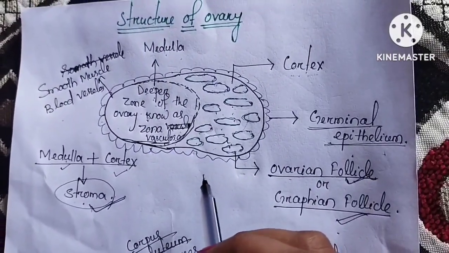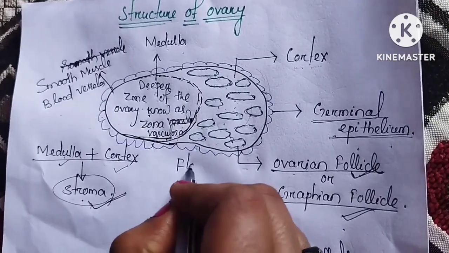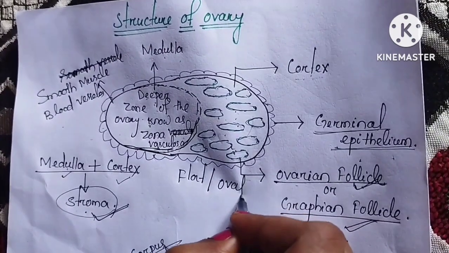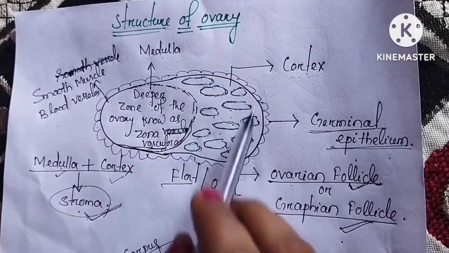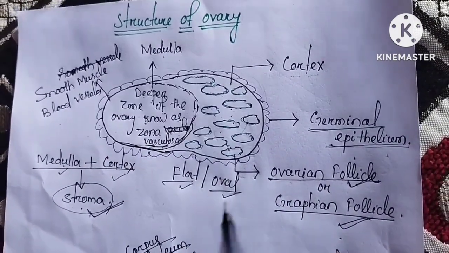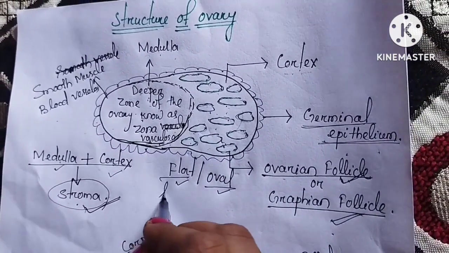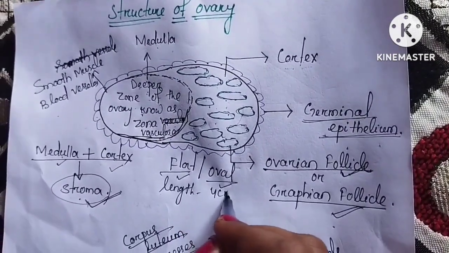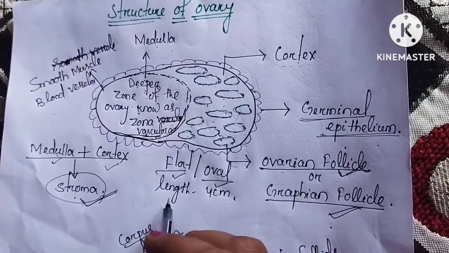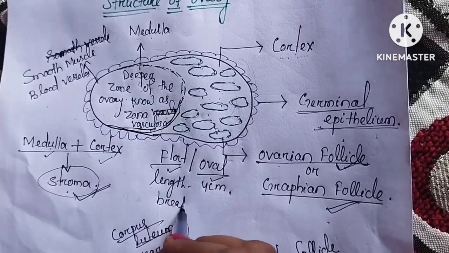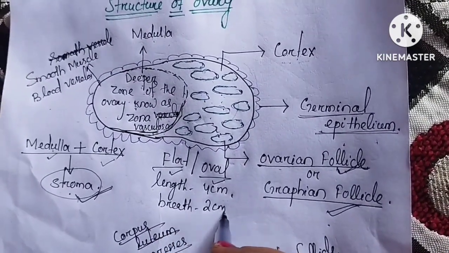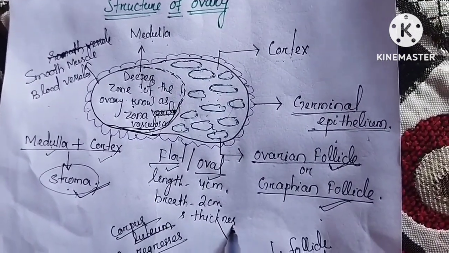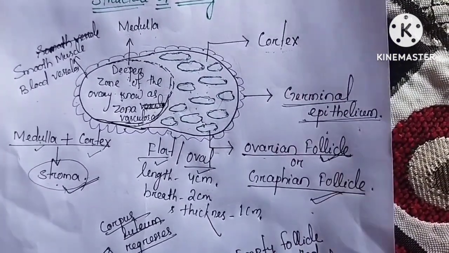Ovaries are flat and oval shaped structures. The shape of the ovary is flat and oval. Length 4 cm, breadth 2 cm, and thickness 1 cm.